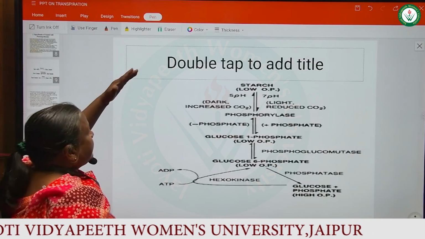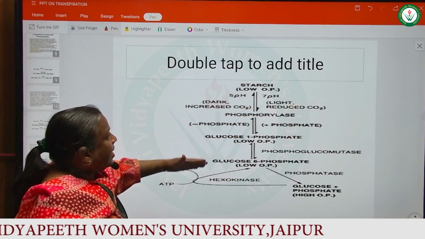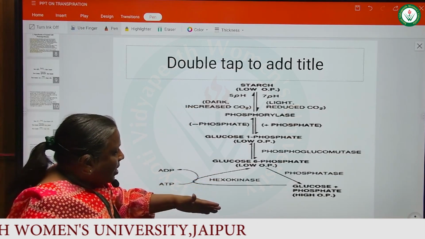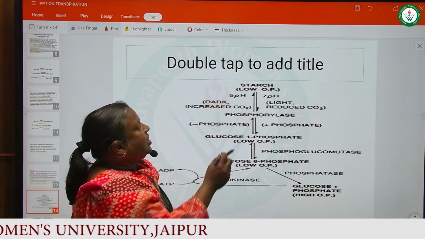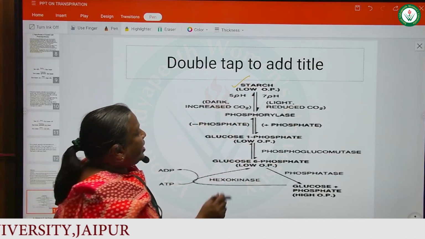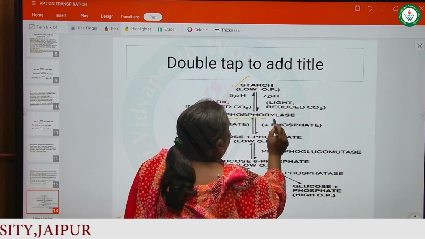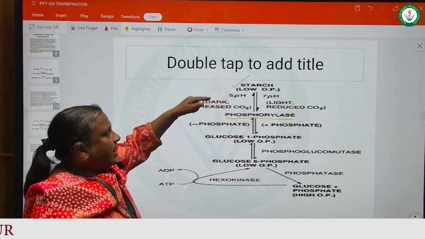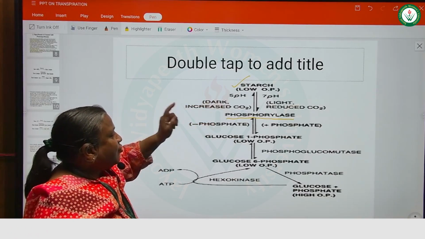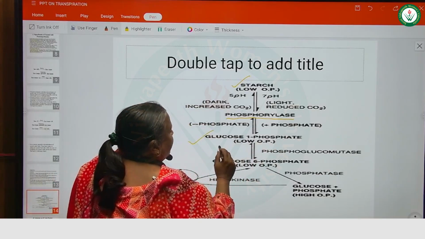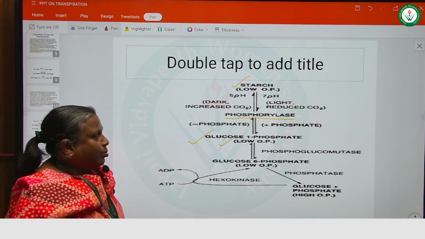Now, this diagram shows the conversion of starch into glucose phosphate. First, see this: starch in the presence of the enzyme phosphorylase is converted into glucose 1 phosphate, having low osmotic pressure.